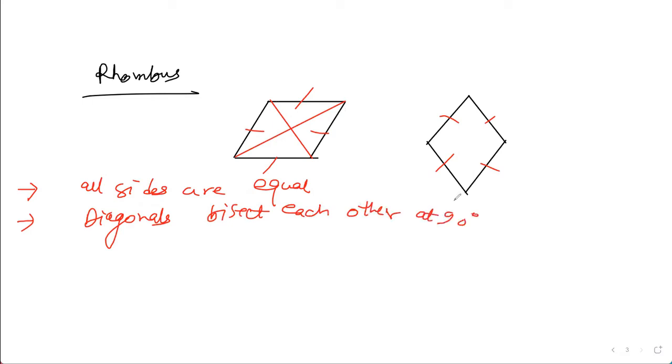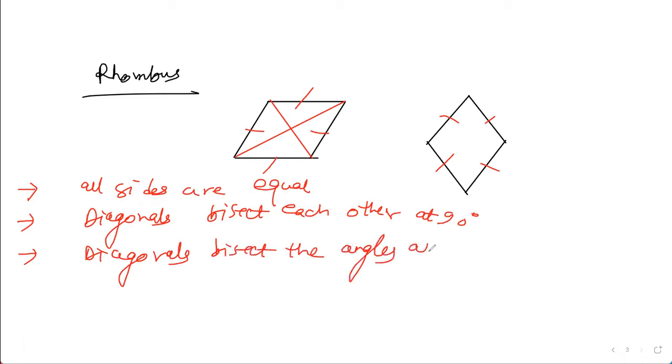And the next property of the rhombus is the same that we discussed last time in square, that the diagonals bisect the angles at the vertices. But the situation here is a little bit different from the square. If you observe clearly, both in the case of square and rhombus, the diagonals bisect the angles at the vertices.